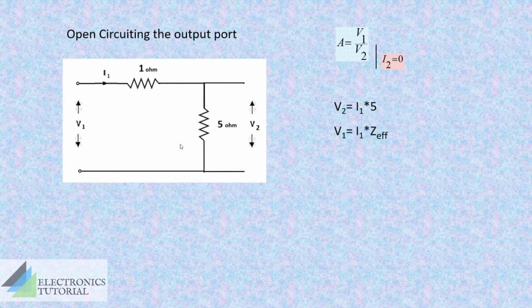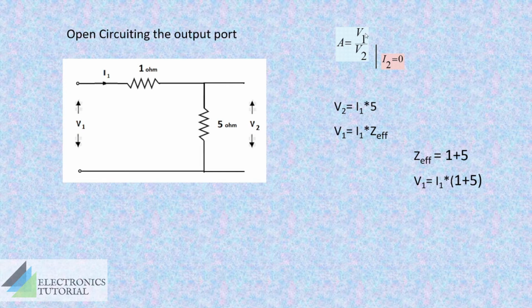We can write V1 as I1 into Z effective. As these two resistors are connected in series, we can calculate the Z effective value as 1 plus 5. While substituting this value, we get the relation for V1 as V1 is equal to I1 into 1 plus 5.